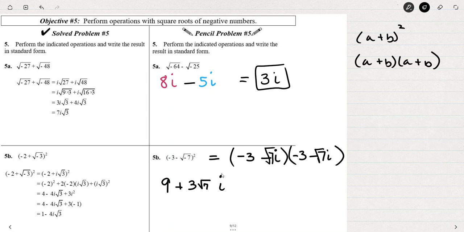Be careful not to blend those together. And then outside times outside, negative 3 times negative square root of 7i would be another plus 3 times the square root of 7i. And then last times last, negative square root of 7i times negative square root of 7i would be positive square root of 7 times the square root of 7, which is going to be 7, isn't it?